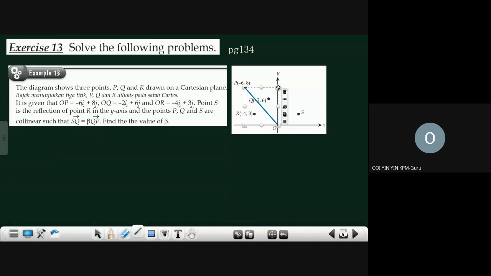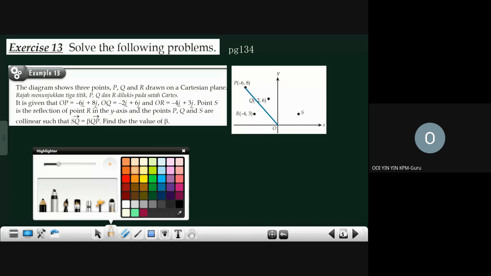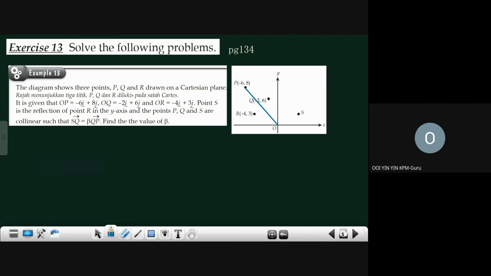If you don't draw it, you can't see where your vector is. So here is your OP, and then you need to label the arrow, because here given is OB, that means O to B, so your arrow is this way.